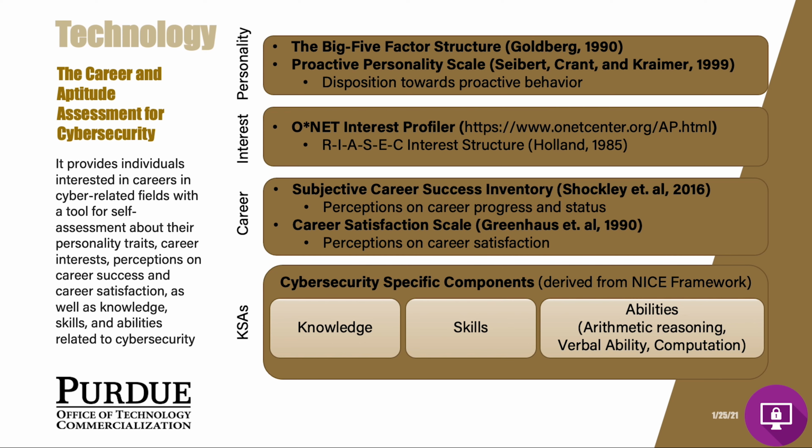We have a section that looks specifically at cybersecurity knowledge, a section that looks at skills, and for abilities, we actually use a different instrument, and we look at 3 specific types of abilities: arithmetic, reasoning, verbal abilities, as well as computation.